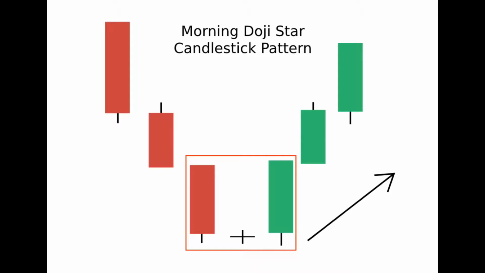After that, we see that the trend goes in that direction. Here it occurs at the end of a downtrend, maybe around a support level or a retracement, and then it reverses to the upside.